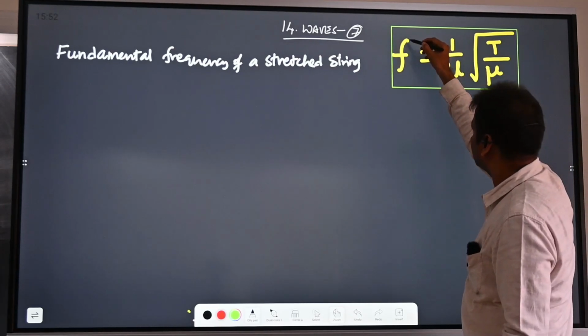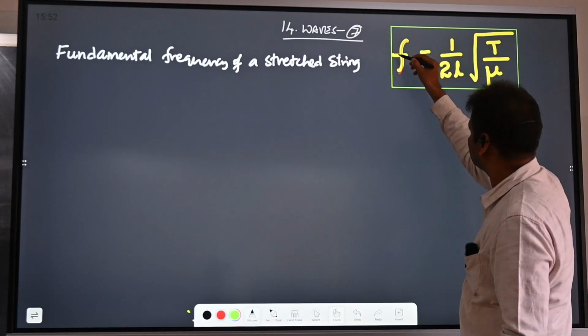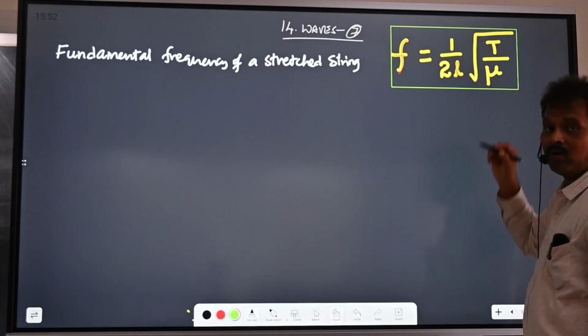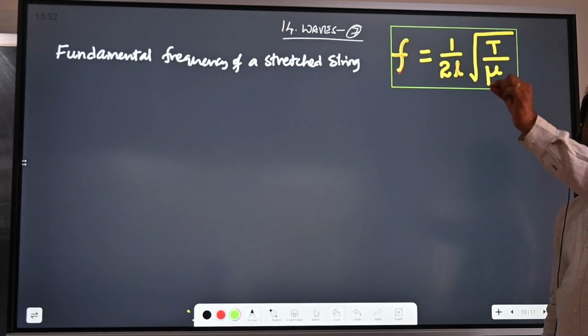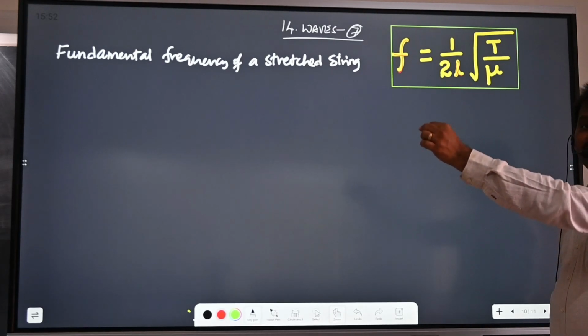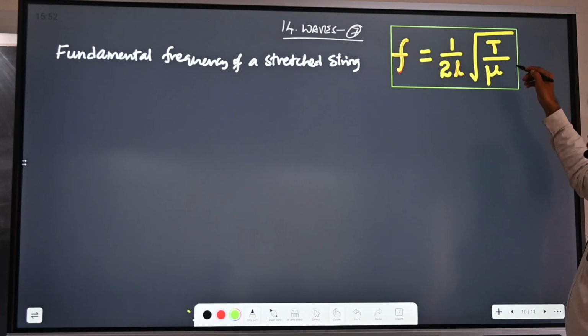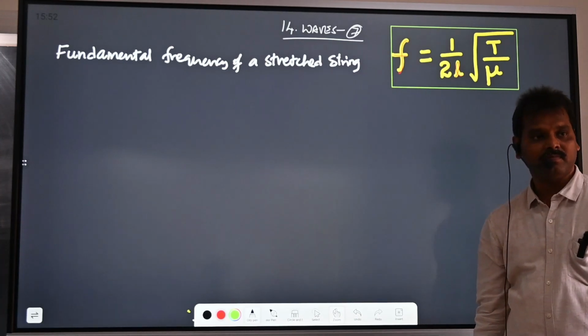So the fundamental frequency of a stretched string depends on length. How? Fundamental frequency of a stretched string is inversely proportional to its length if tension and linear density are kept constant.